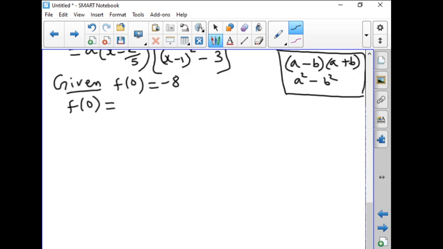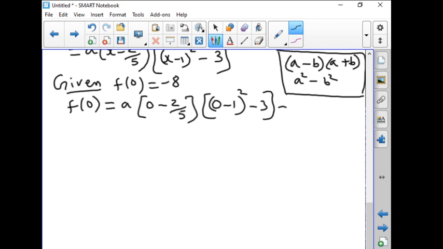So it is equal to a into 0 minus 2 by 5 into 0 minus 1 the whole square minus 3 is equal to minus 8. So it is a into minus 2 by 5 into minus 1 square is 1. So 1 minus 3 gives you minus 2, is equal to minus 8.